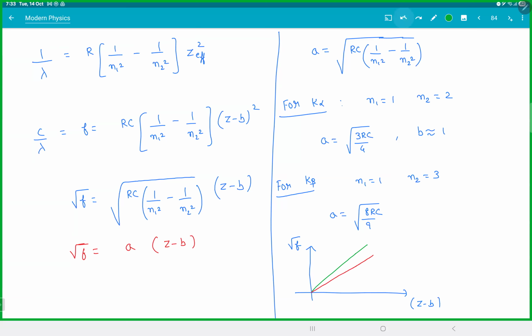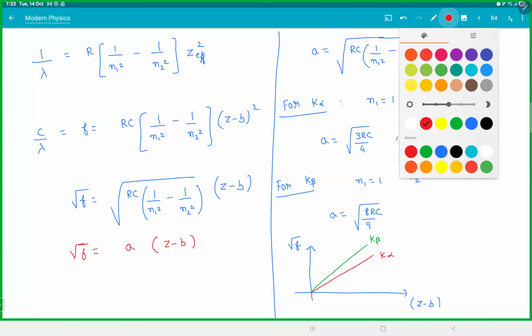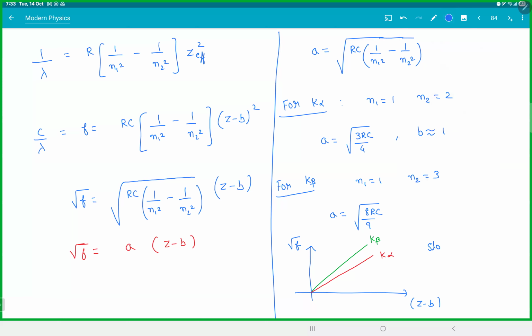You can clearly see K beta has more slope than K alpha. So that is K beta and this is K alpha. Clear with this? Because the slope value, slope tan theta is nothing but A. So it's a graph between root frequency and Z minus B. Clear with this?